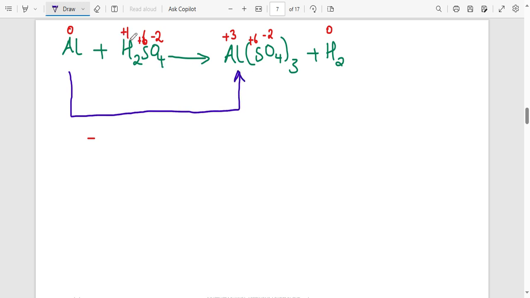And then hydrogen, you can see it has moved from a positive 1 all the way to 0. So for hydrogen, moving from positive 1 to 0, that is a reduction, meaning that 1 electron has been gained.